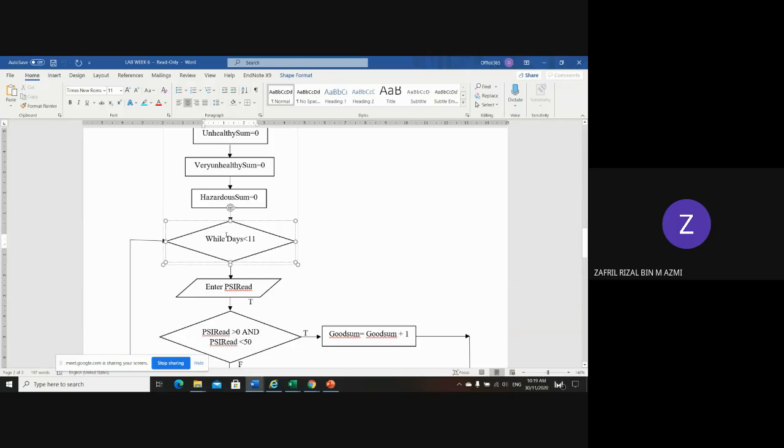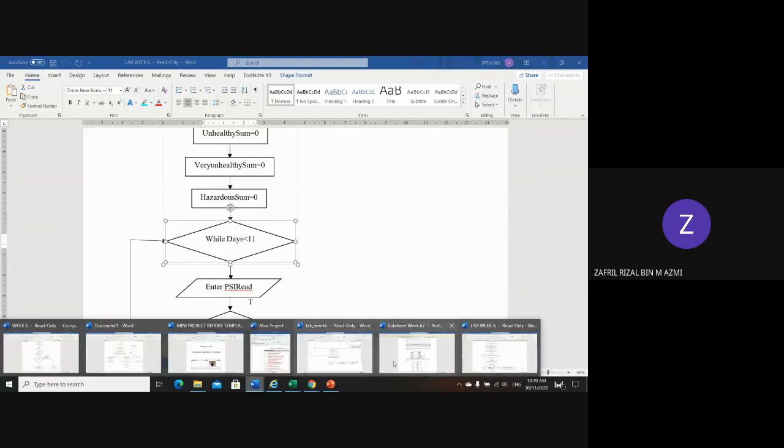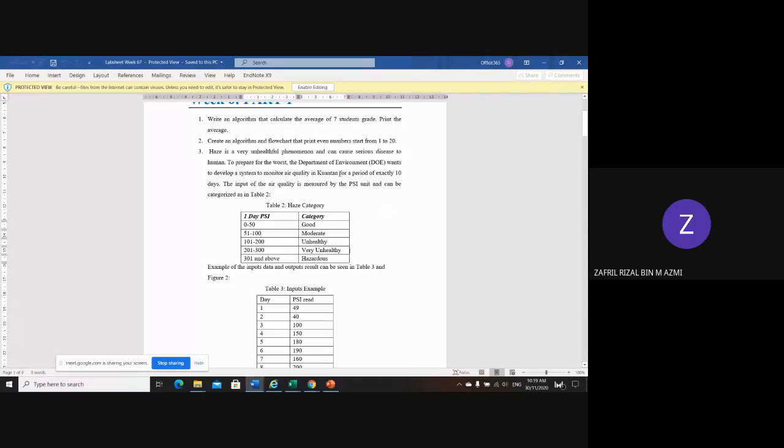So why do we make it like this? Because the question specifically asks you to monitor air quality for exactly 10 days. So there are 10 inputs, 10 different inputs for 10 days.